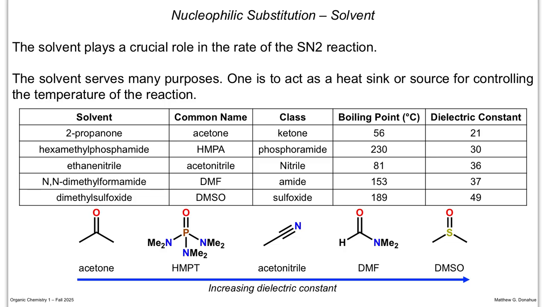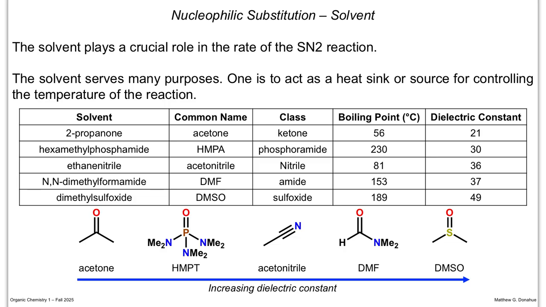Another one is they act as a heat sink or a heat source. So if the reaction itself is exothermic, the solvent can absorb some of that heat and control it to a certain extent. But if we think about the reaction coordinate and there's a really high energy of activation, like ambient temperature, what we're sitting at now is typically about 25 degrees Celsius.